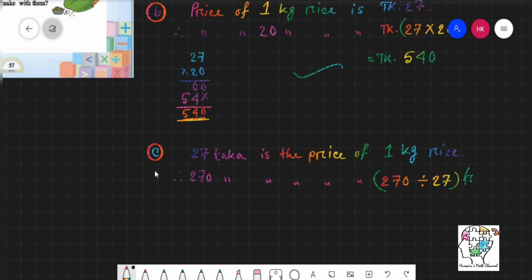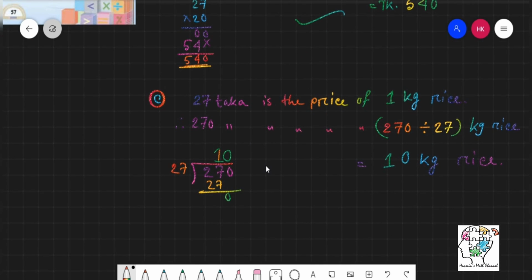So by 270 taka, we can just divide. So we divide 270 by 27. So 27 ones are 27, and there is a 0. So we put this 0 here. The answer is 10. So our answer is 10 kg rice can be bought. So 10 kg rice can be bought from 270 taka. So which completes our question number C also.